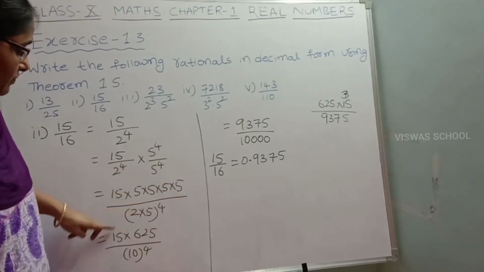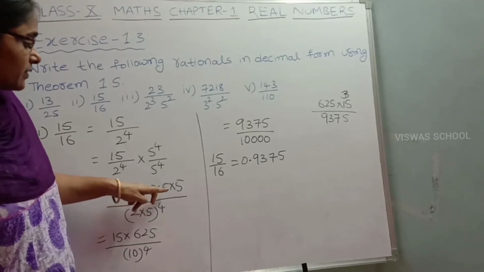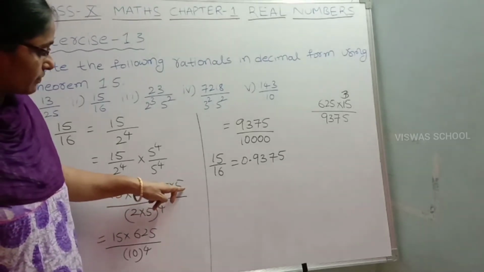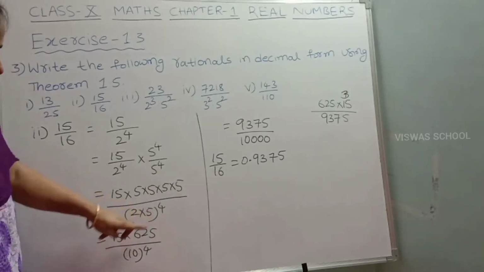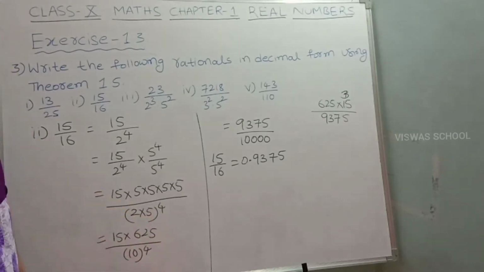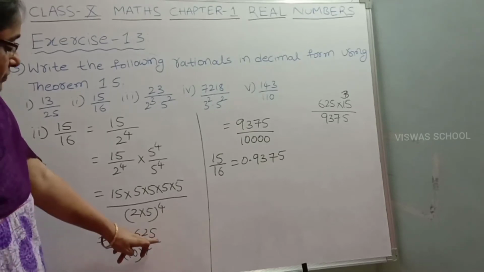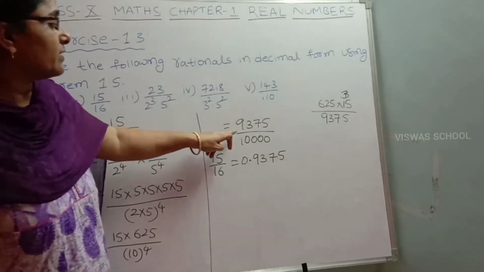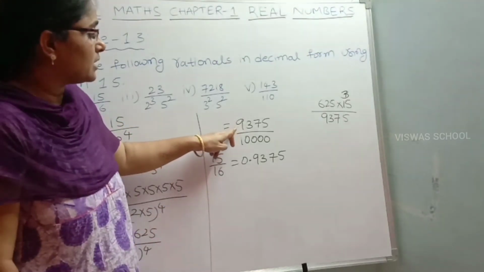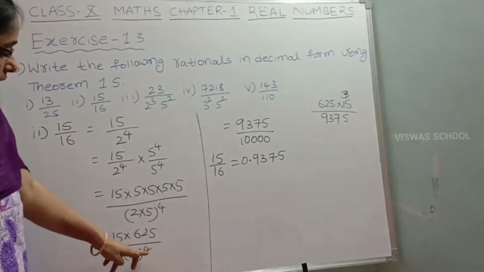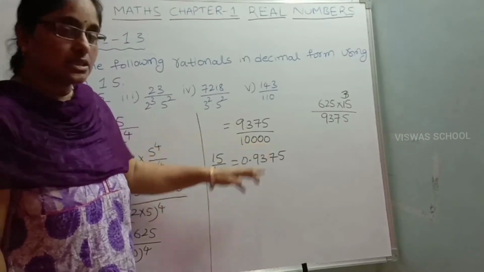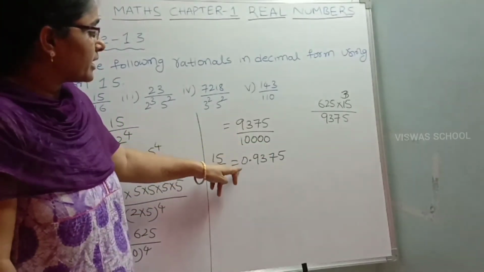Here 15 into 5 5s are 25, 25 5s are 125, 125 5s are 625. Now 2 into 5 equals 10 to the power of 4. Now 15 into 625, if you multiply this, equals 9375. The denominator is 10 to the power of 4, which means 10,000. Now it can be written as what?